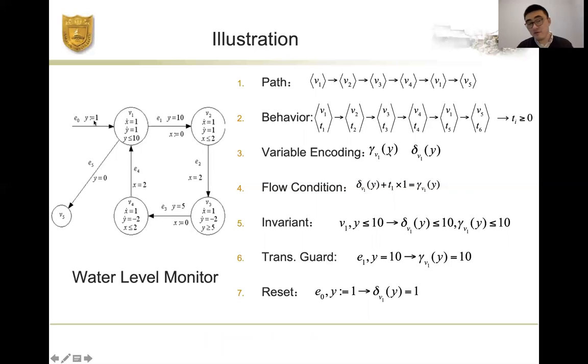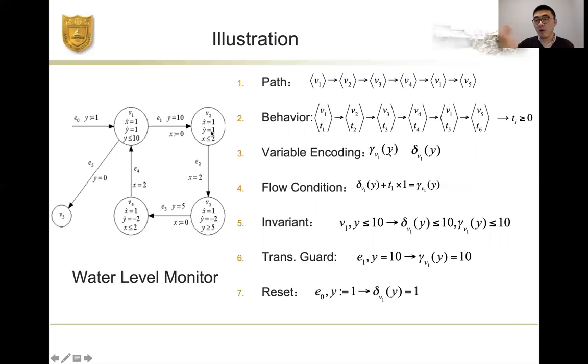So first the water level is 1, then in location v1 we stay there for some time, and you should keep y smaller than or equal to 10. And once y, the water level, touches the level of 10, then x is reset.